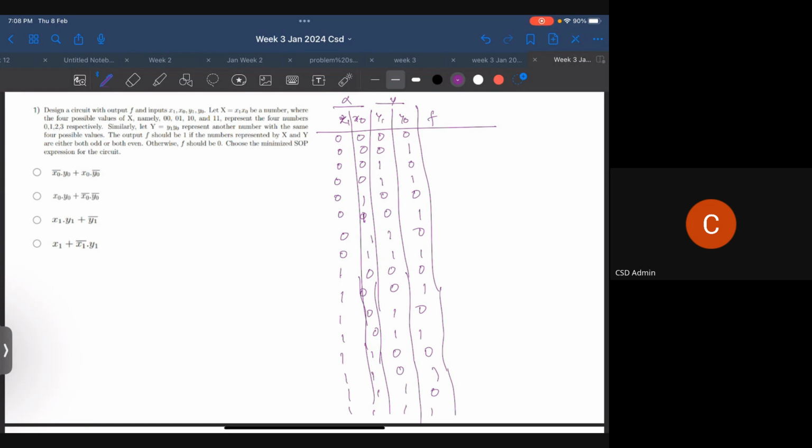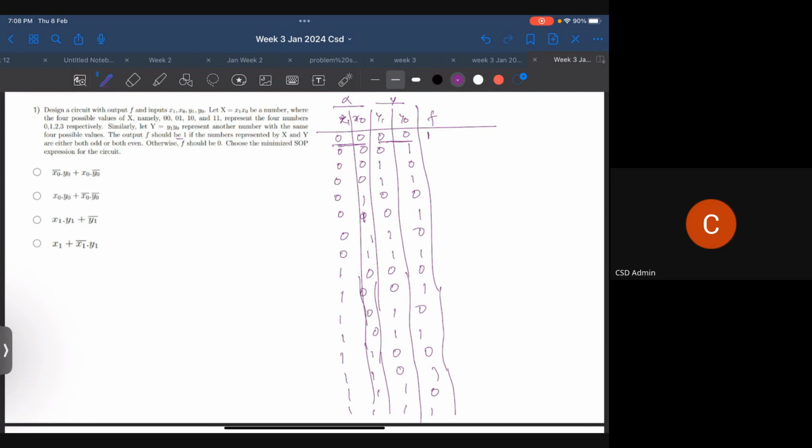Now the question is saying f should be 1 if the numbers represented by x and y are either both odd or both even. So if both are odd or even, then f should be 1. Now you can see that in the first row, this is an even number 00, and this is also an even number, so it will be 1.